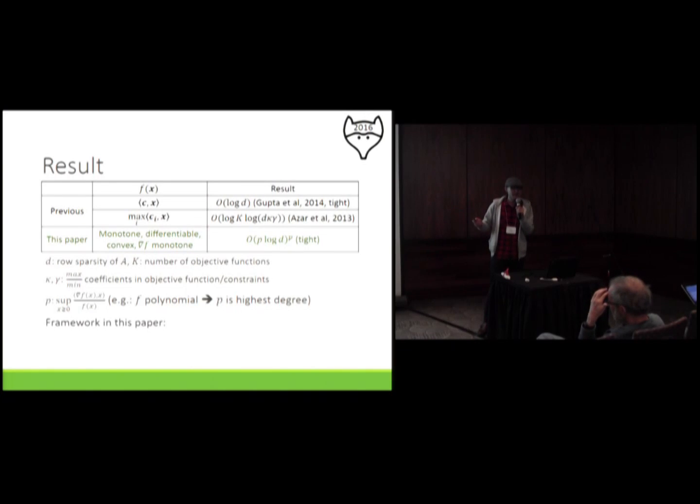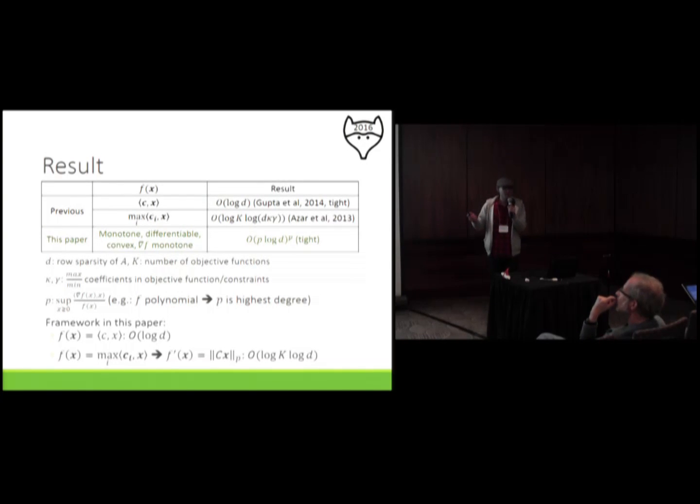And previous results can also be applied to this paper. For the linear functions, we get the same ratio as before. And for the maximum of linear functions, because it is not differentiable, we cannot apply the result to this framework directly. But instead, we can use the p-norm to estimate the infinity norm. And we get an even better result than before, which removes the dependency on coefficients.